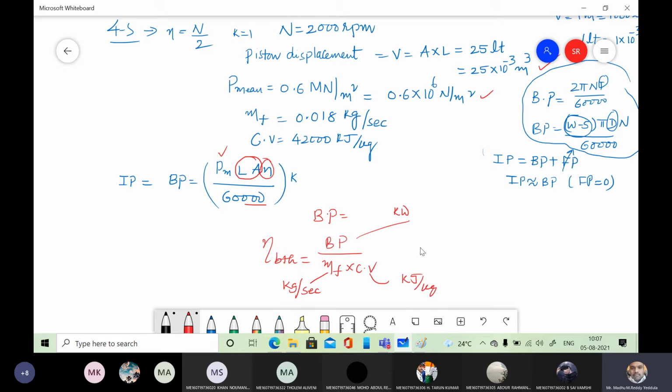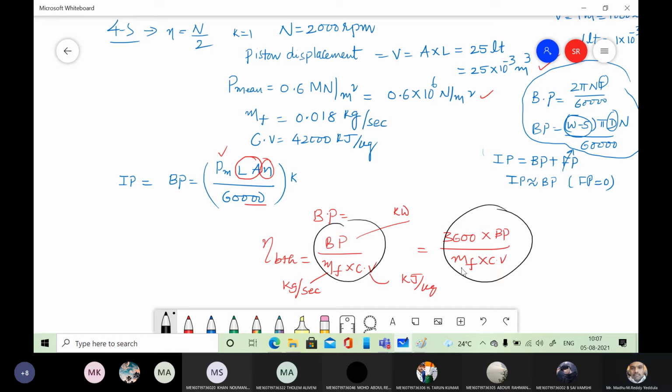Is it clear? I can use two formulas for brake thermal efficiency: 3600 into BP divided by mass of fuel into calorific value. So when should we multiply with 3600? The only difference is if the mass of fuel is in kg per hour, you should use 3600 as a factor to convert hour into second.